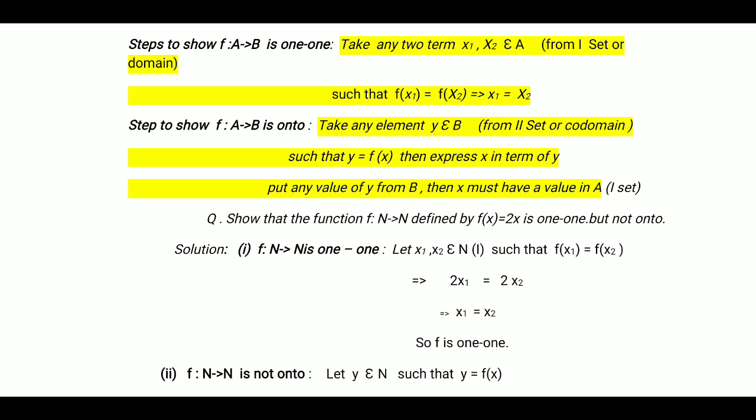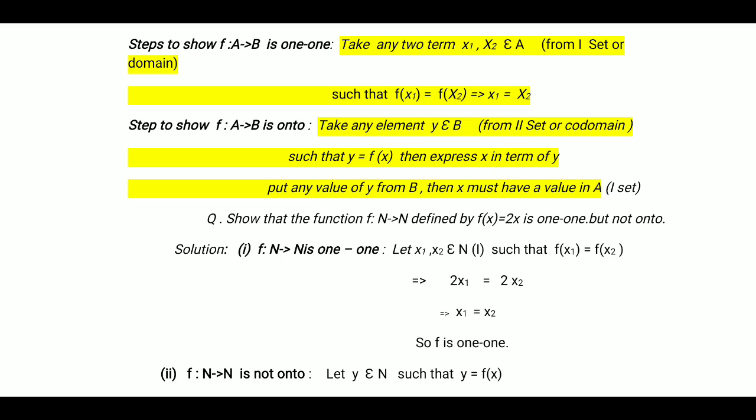A question is there. Show that the function f from N to N defined by f(x) = 2x is 1-1 but not onto. Its solution: we have to show first that the function f from N to N is 1-1. What will you do? You take any two elements x1, x2 belonging to N. N means the first set.